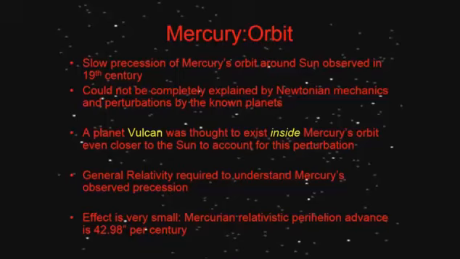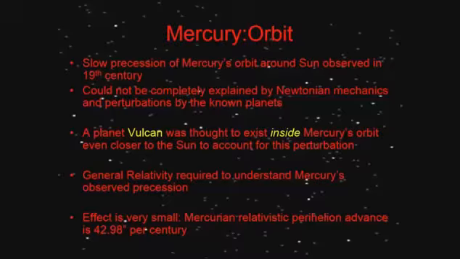Mercury is so close to the Sun that you need general relativity, which didn't come along until the early 1900s, to explain these effects.